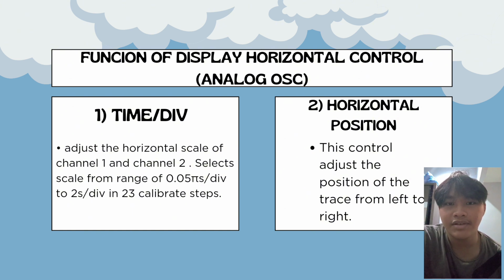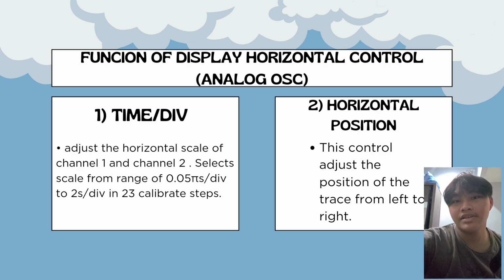To adjust the horizontal scale of channel 1 and channel 2, select a scale from a range of 0.05 microsecond per division to 2 second per division in 23 calibrated steps. Horizontal position. This control adjusts the position of the trace from left to right.